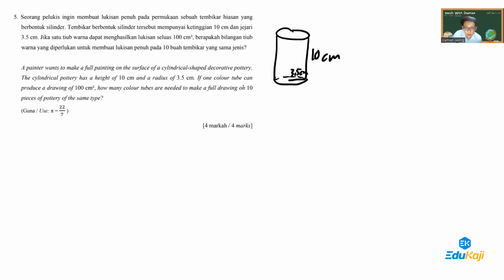If one color tube can produce a drawing of 100 cm square, how many color tubes are needed to make a full drawing on 10 pieces of pottery of the same type? So let's count the surface area for one cylinder.